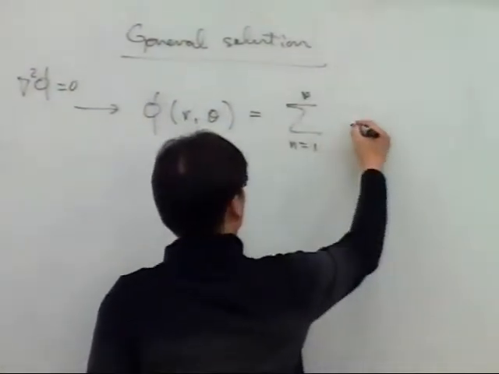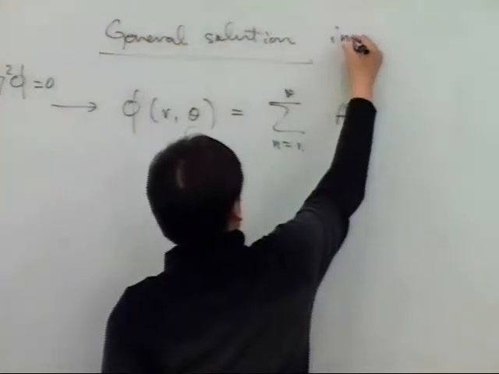Sum from one to infinity of a_n. This is in 2D.